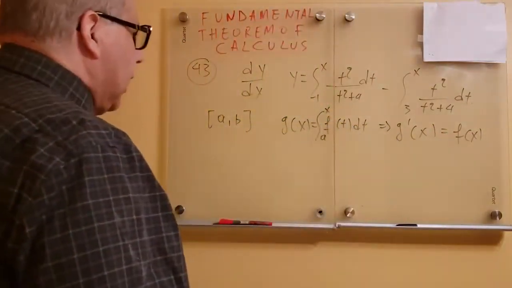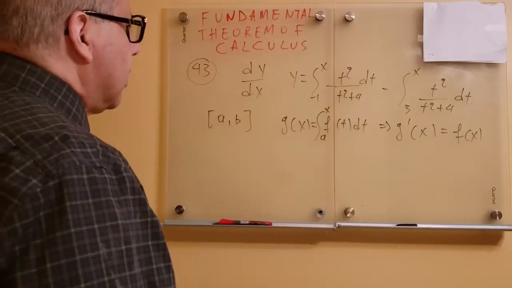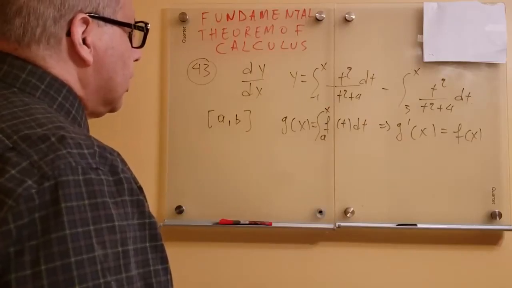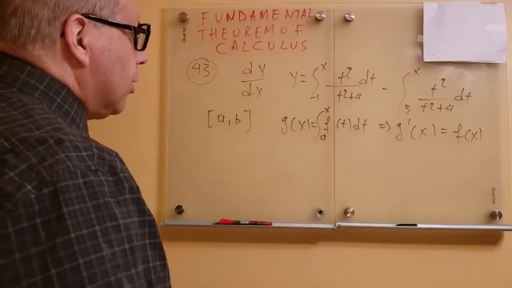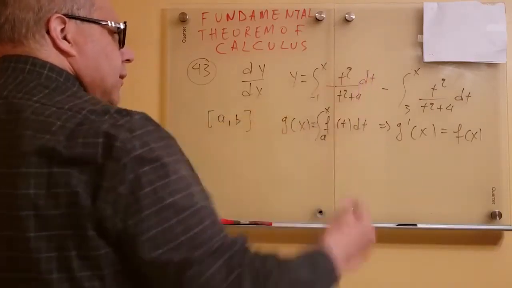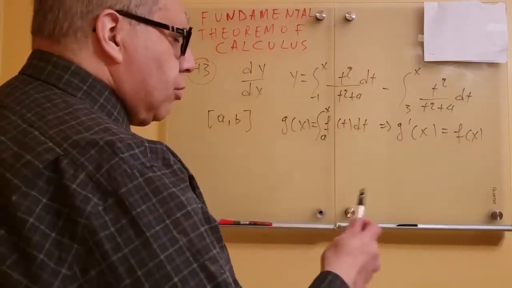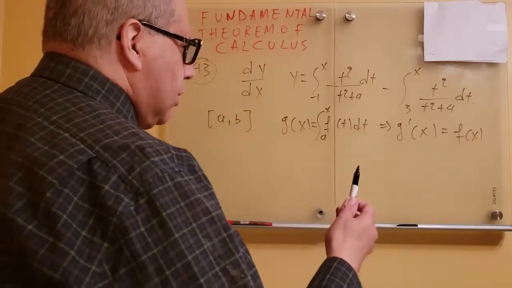So here we know that this function is continuous everywhere. Why is this continuous everywhere?